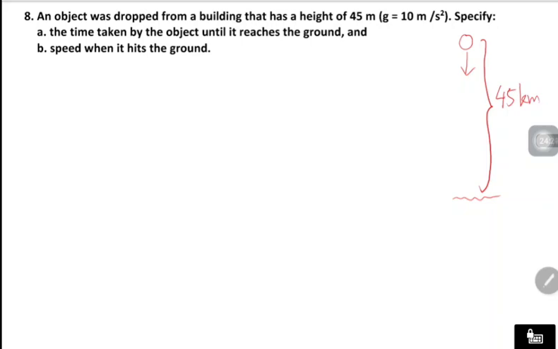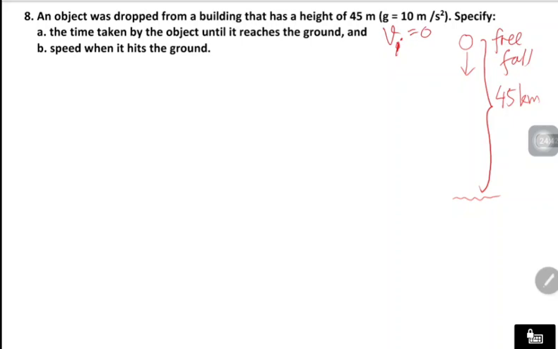This motion is called free fall motion. In free fall motion, the initial velocity is 0.